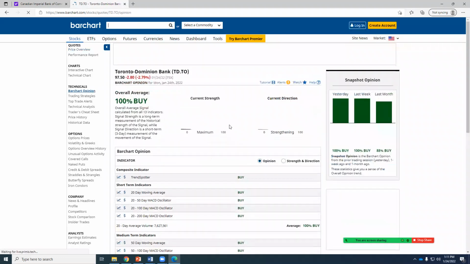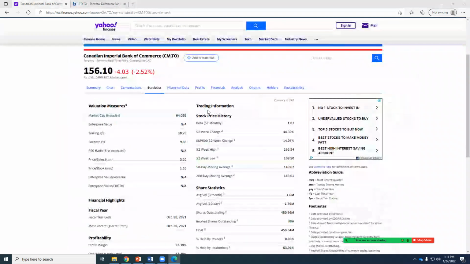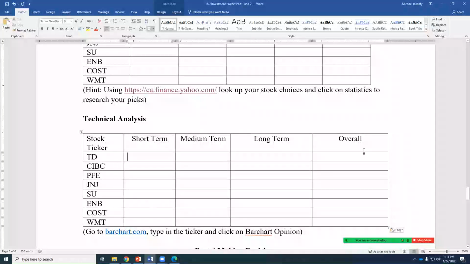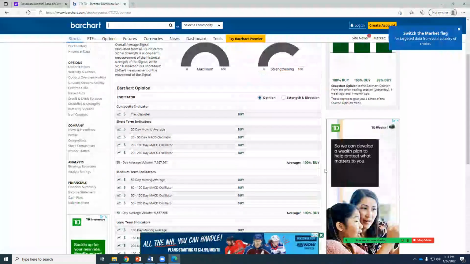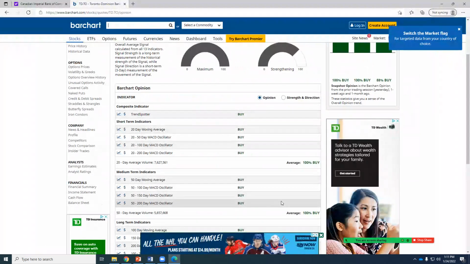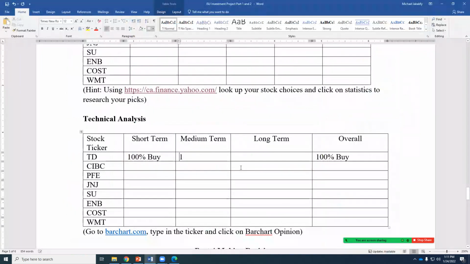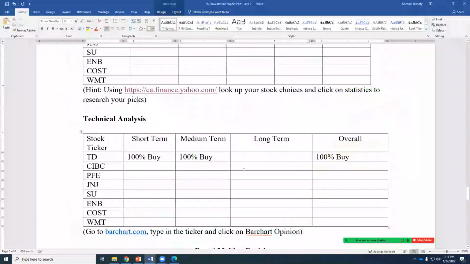Once I click on Barchart Opinion, it says overall average 100% buy. So my overall is 100%. But I'm also going to look at the short, the medium term, and the long term. Here's my short term, 100% buy. My medium term, 100% buy. And my long term, 100% buy.